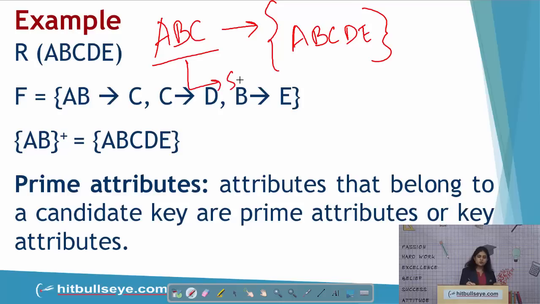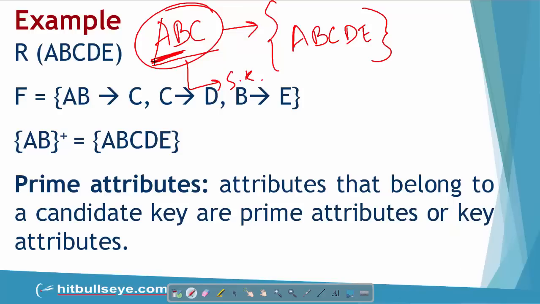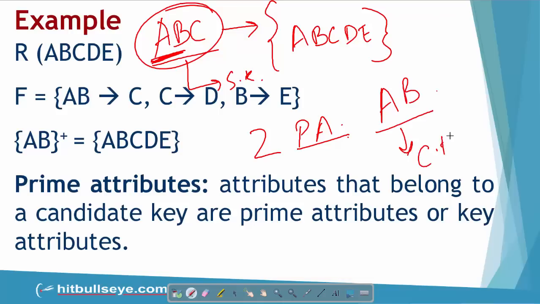This is a super key, because within this group there is one more minimal set which can independently represent all the attributes of a relation R. So we can say in this relation R with attributes A, B, C, D, E, we have only two prime attributes, which are A and B, because AB forms the candidate key of relation R.